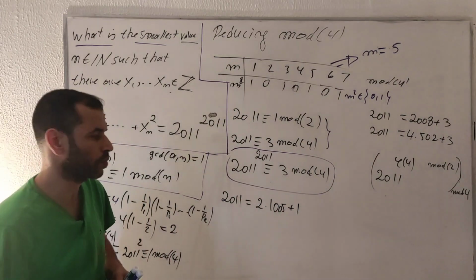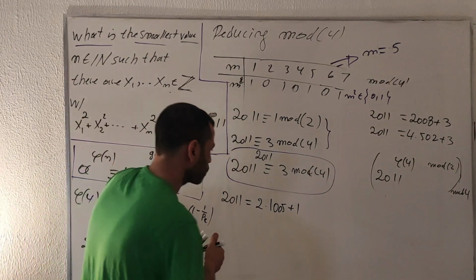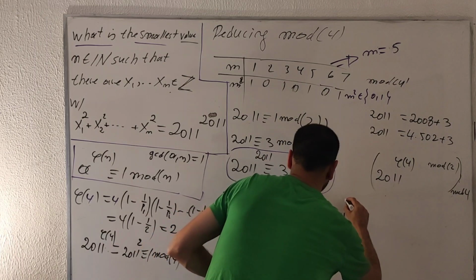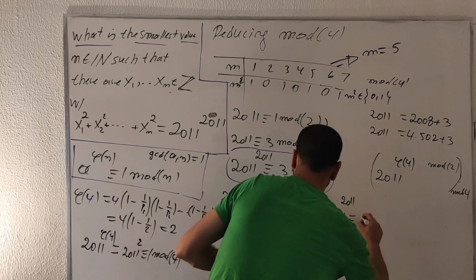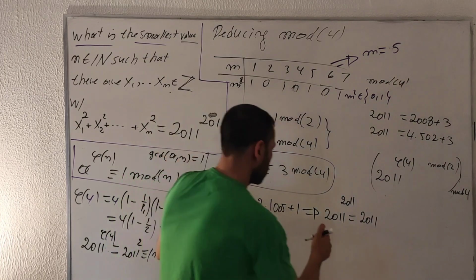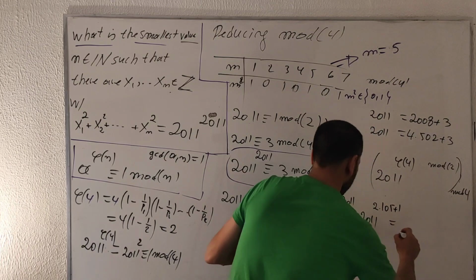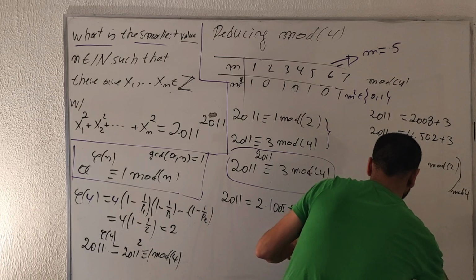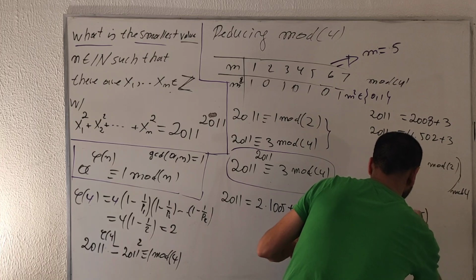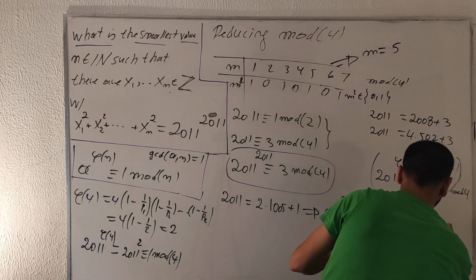If I put this in the form of an exponent as we have here, I will have 2011 to the 2011 equals 2011 to the power of 2 times 1005 plus 1, which equals 2011 to the 1005 to the 2 squared as an exponent, multiplied by 2011.